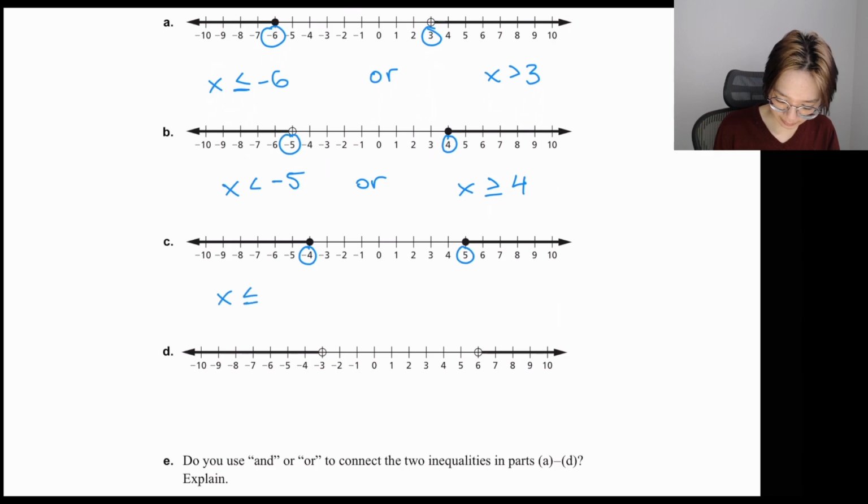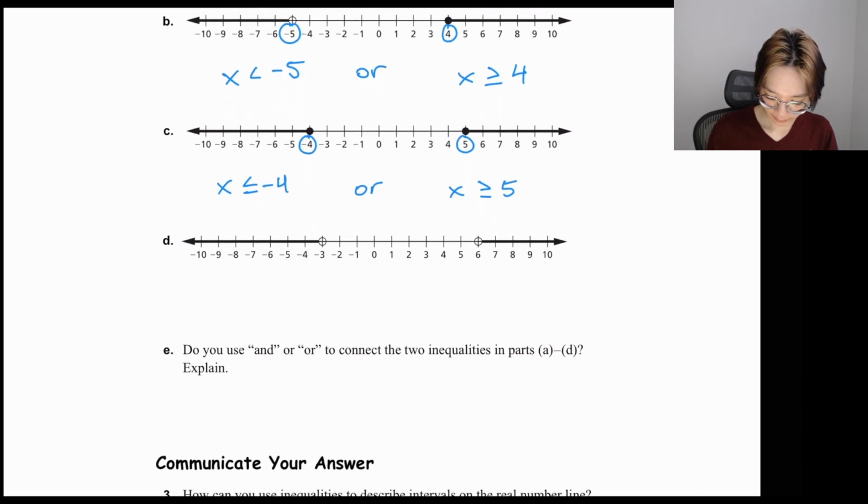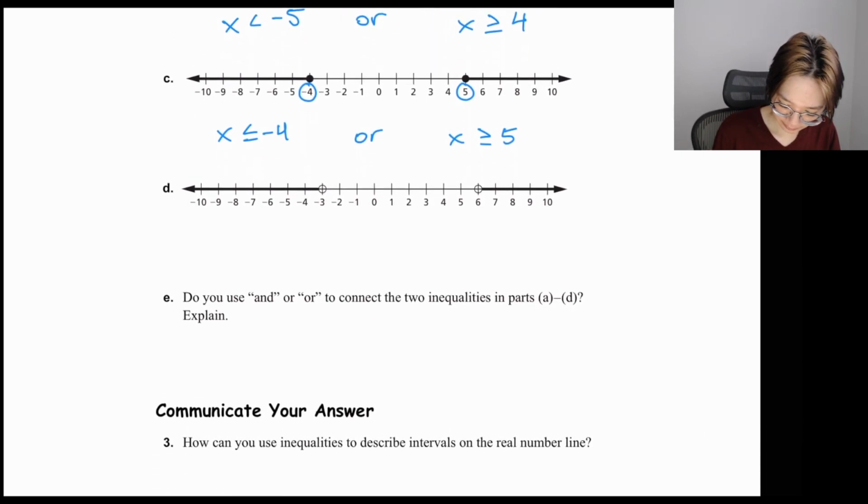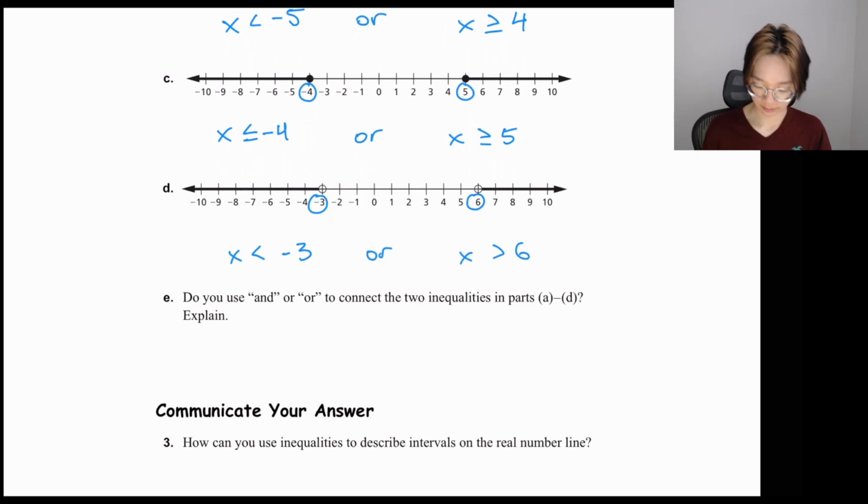X is less than or equal to negative 4, or x is greater than or equal to 5. And last one, negative 3 and 6. X is less than negative 3, x is greater than 6, and they're connected by an or.